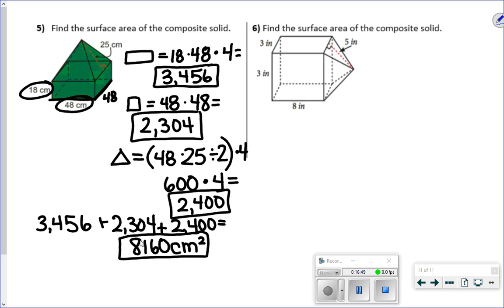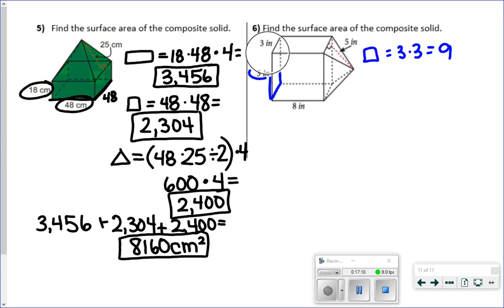Okay, let's go ahead and check to see if your answer for number 6 is right. So for this one, I think I'll start with the square. That's on the side right here. Tells us our side lengths for the square are 3 and 3. So for the square part, I have 3 times 3, and that's 9. Then I have 4 rectangles.